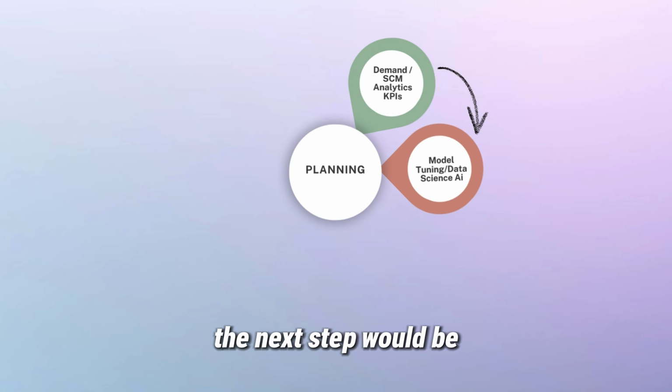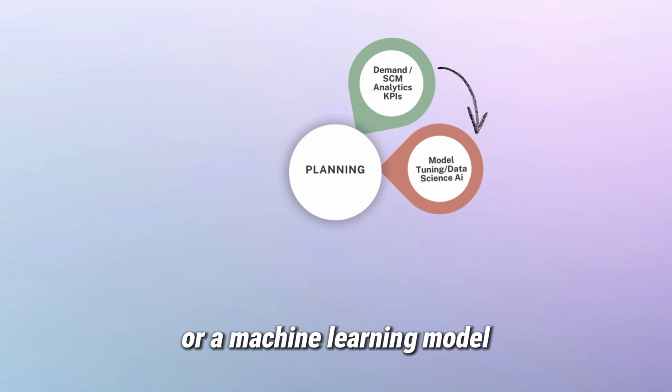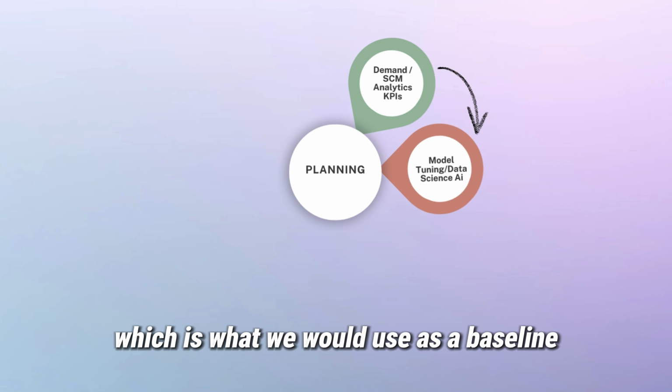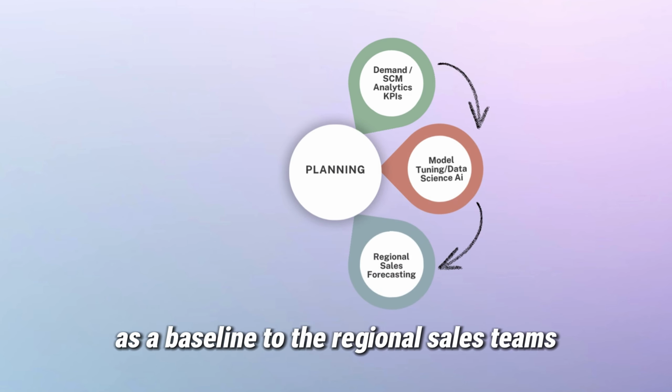The next step would be to use the baseline that comes from a statistical model or a machine learning model, and provide this information as a baseline to the regional sales teams.